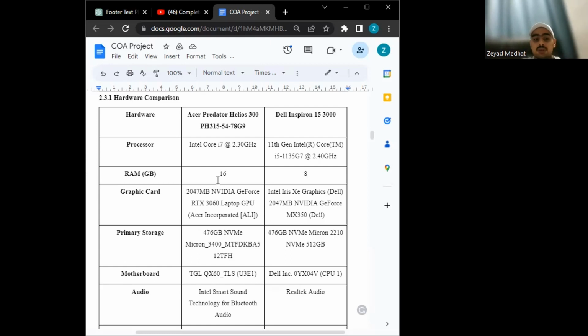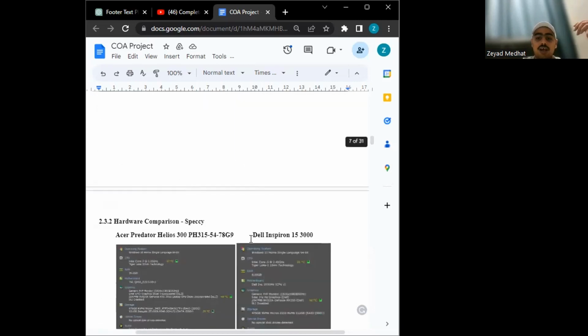In terms of CPU performance, it was clear from the start that the Acer Predator had the upper hand throughout our three benchmarking scenarios. This beast of a machine outperformed its Dell counterpart in all three scenarios.